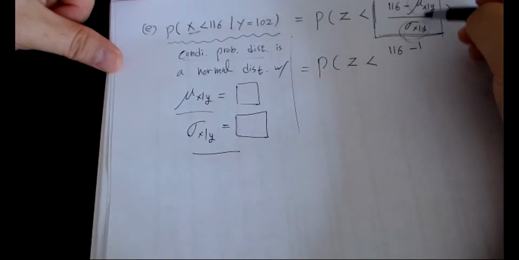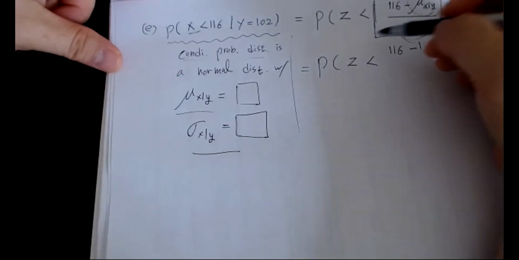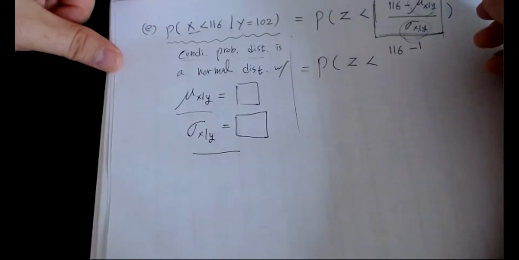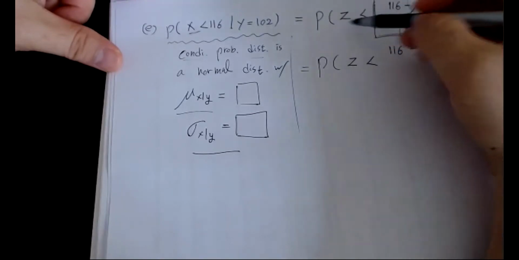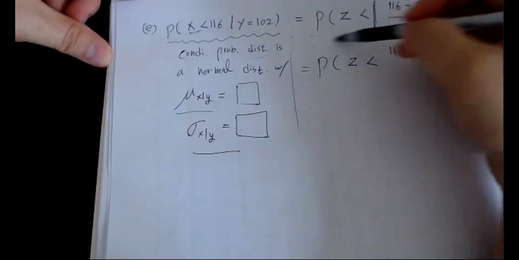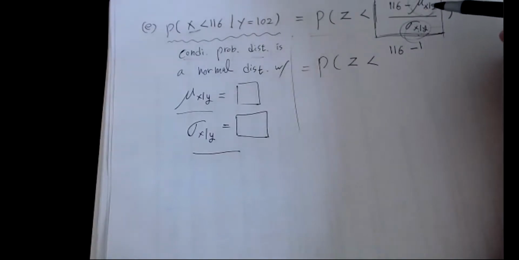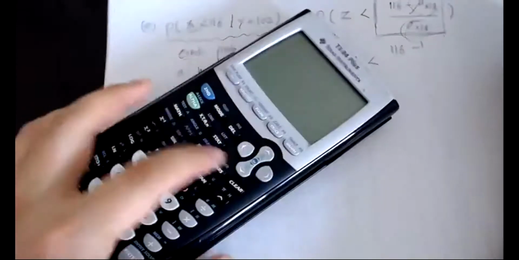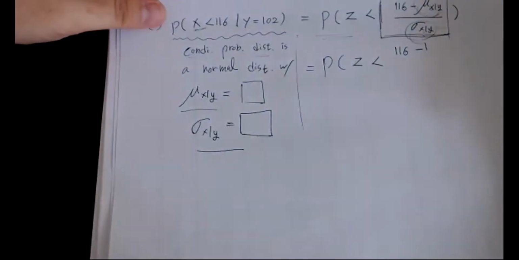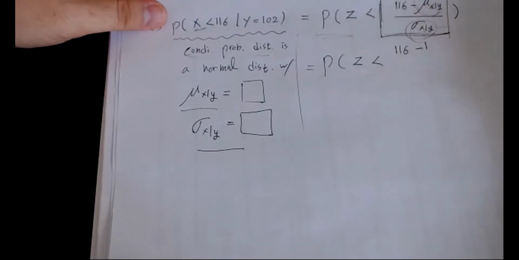You have to figure out these two values from question D. Then you plug them in and look at the standard normal distribution table, or just use the calculator I showed you. Go to the distribution menu, and you can figure out the probability. So this is 5.5.6, and the next one.